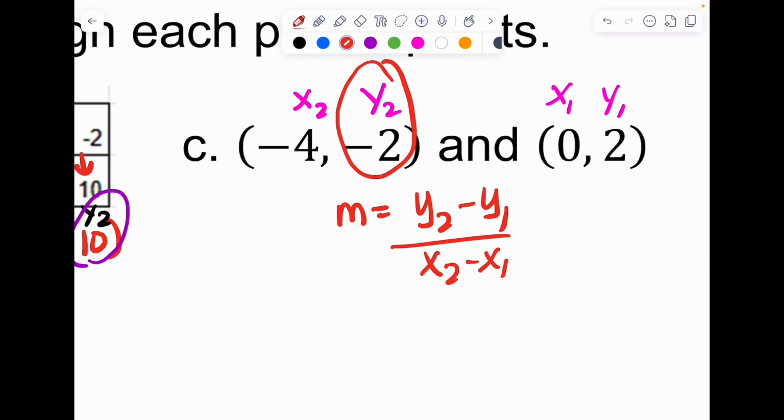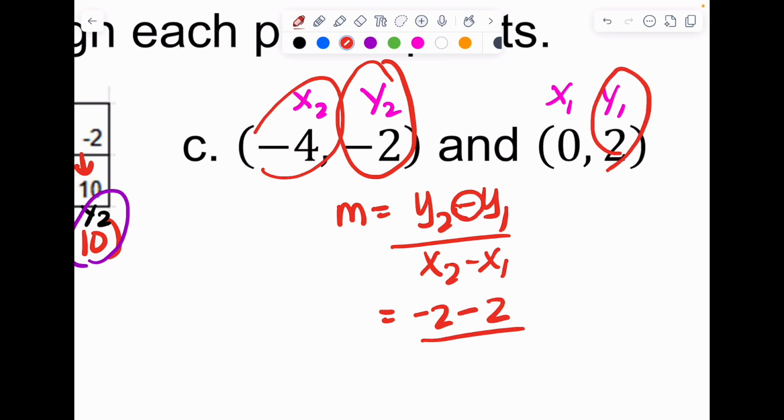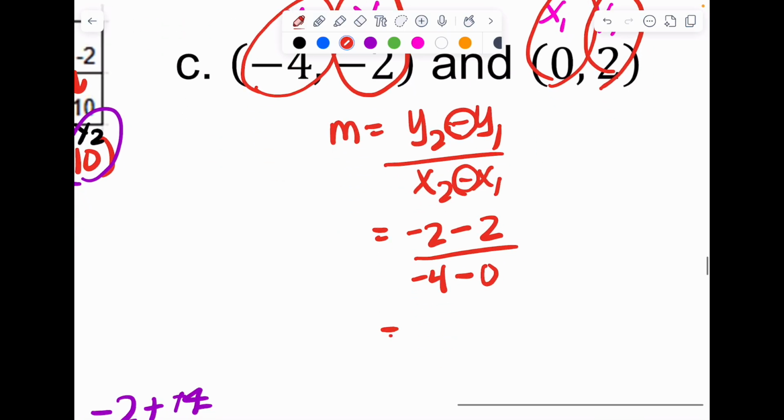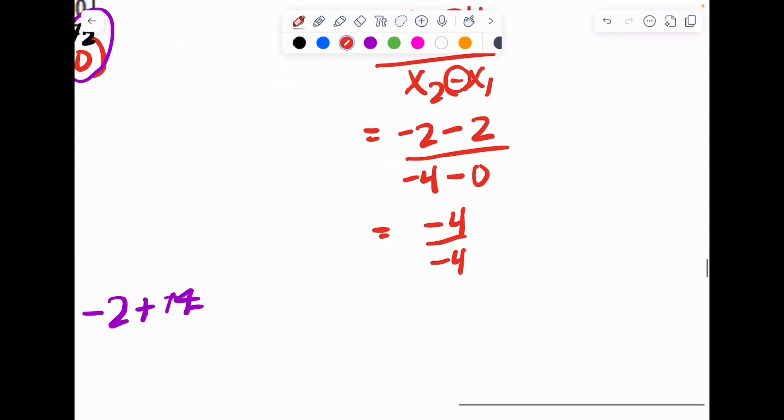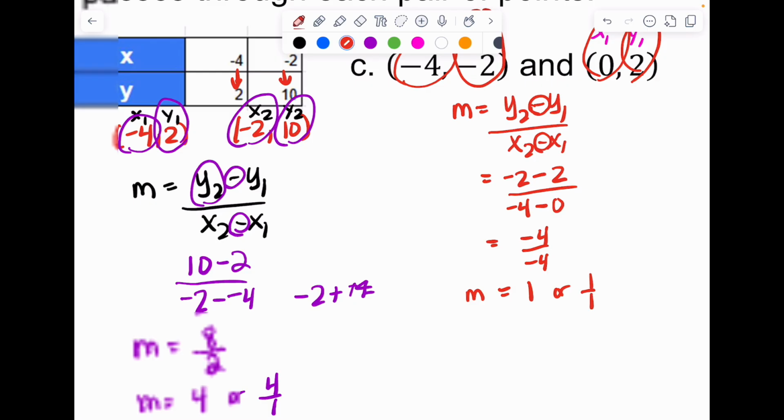This time y2 is equal to -2. Carry down the subtract, and y1 is 2. x2 is a -4. Carry down your subtract. x1 is 0. -2 minus 2 is a -4. And -4/4 equals a slope of 1 or 1/1.